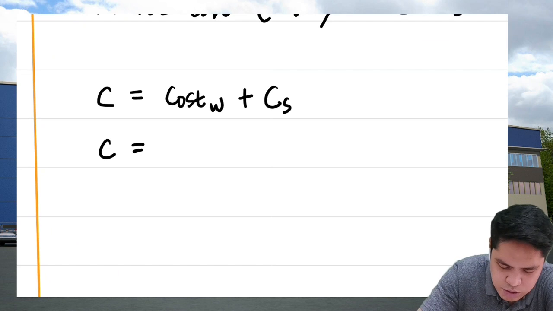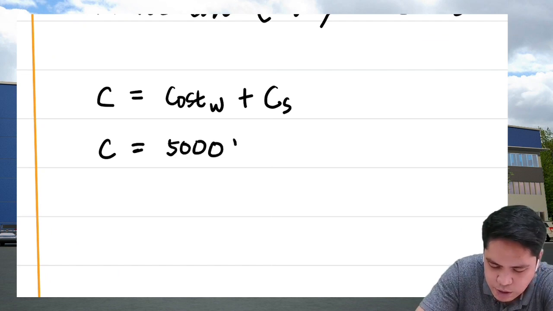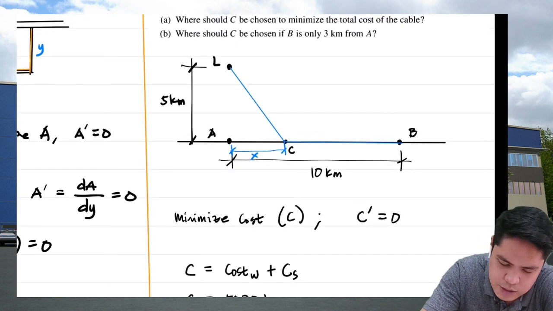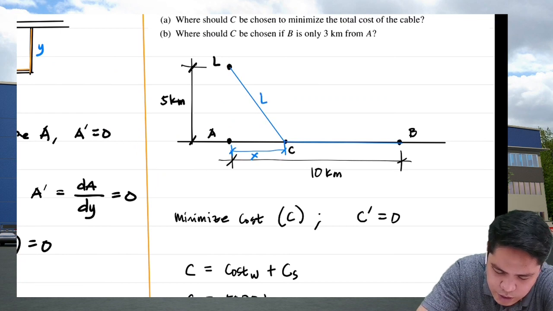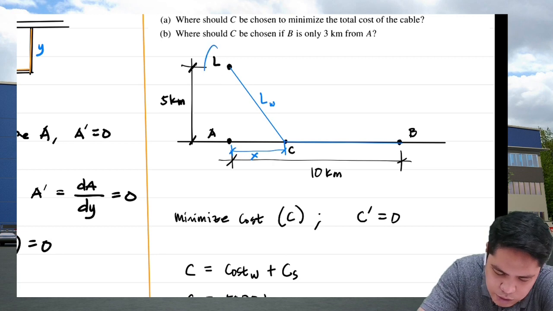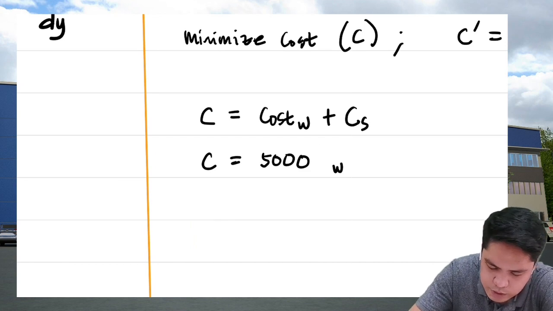So cost for the water is just 5,000 times the length of the cable through the water. So what I mean is this one, eto. So I call that length of the cable through the water. Naka-L na tayo dito, no? To avoid confusion, small letter L. Ayan.